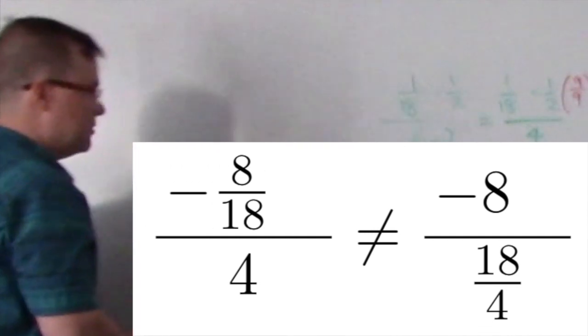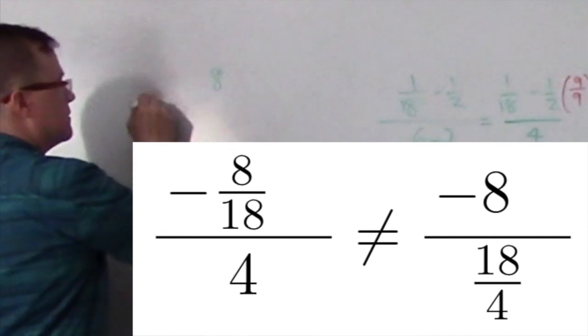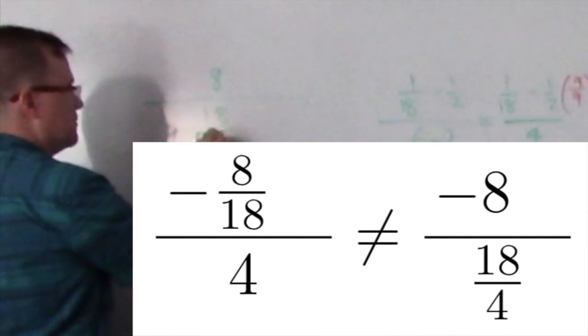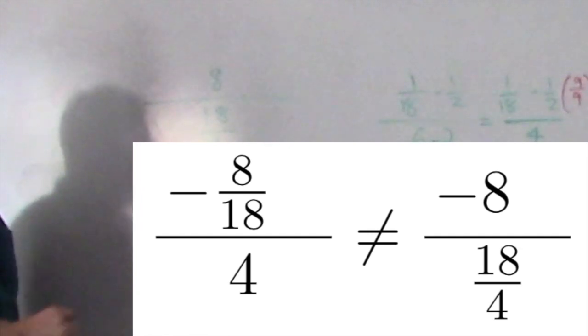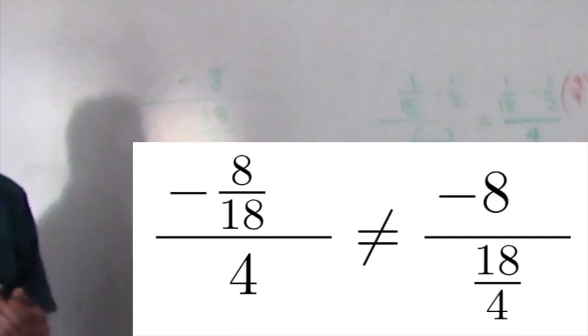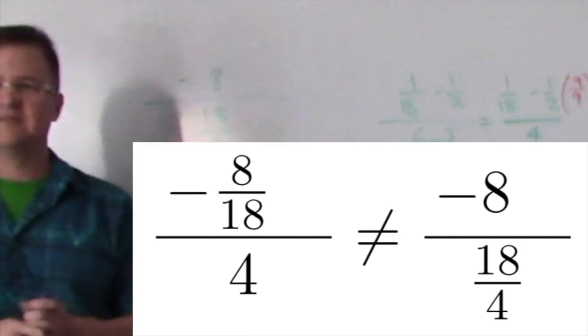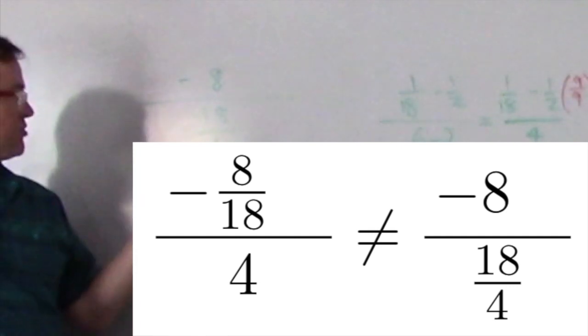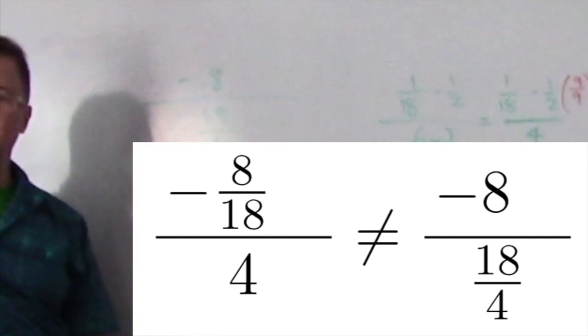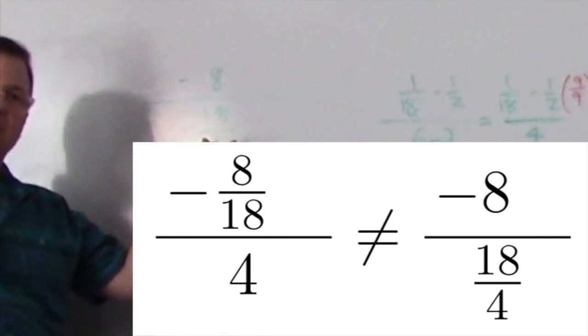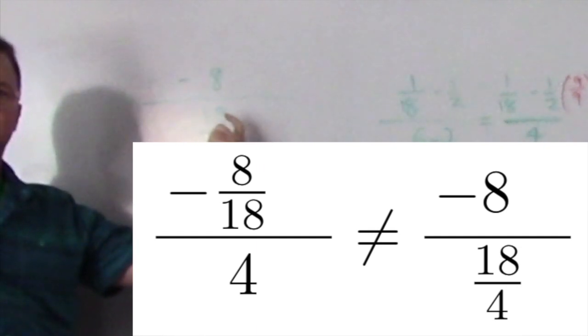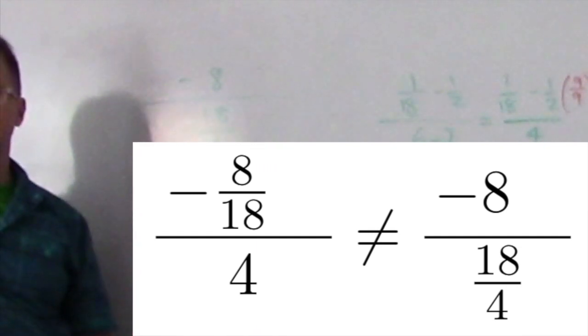As compared to something like this. This is also a fraction within a fraction, but now, because this division line is shorter, it's clear to me that the denominator is a fraction.